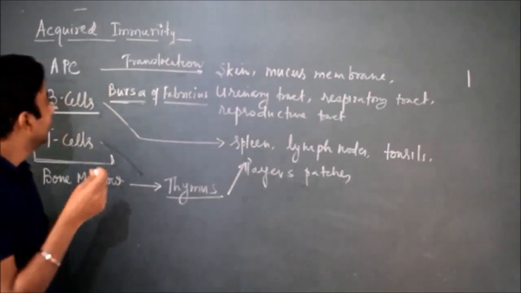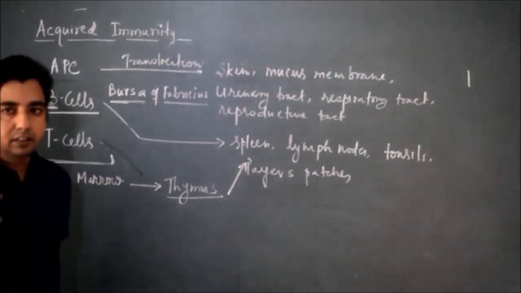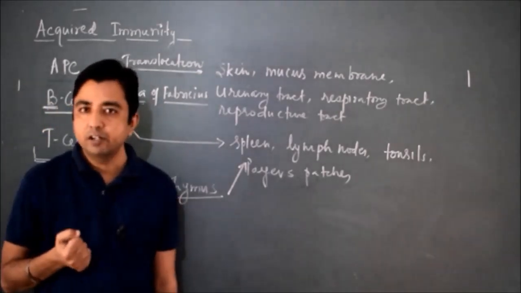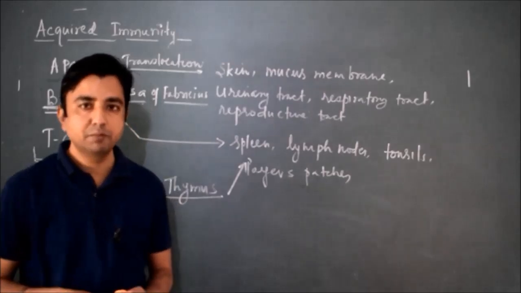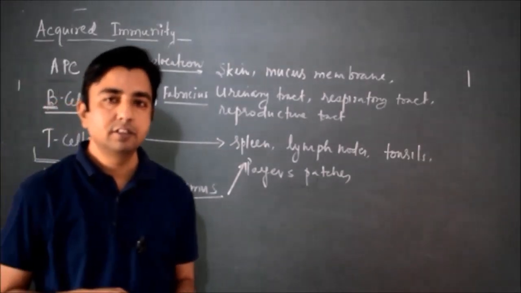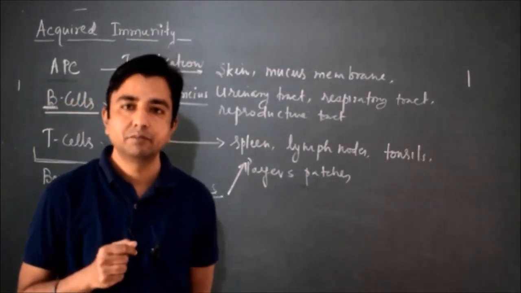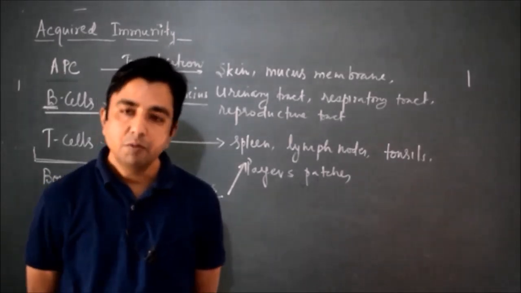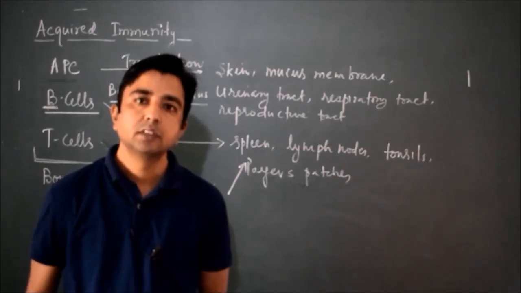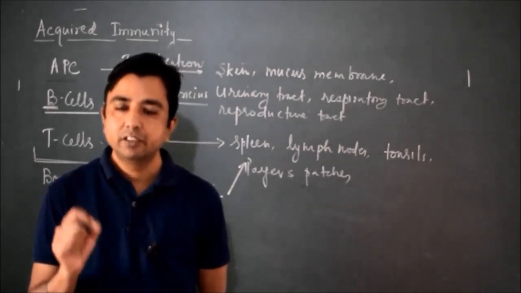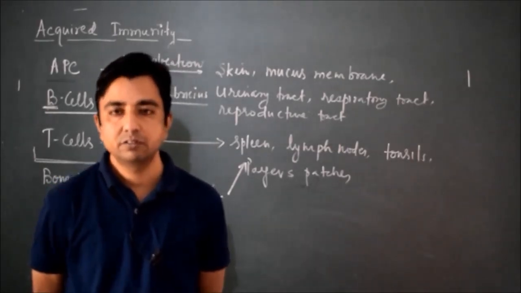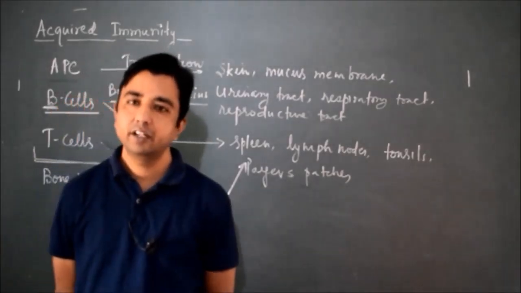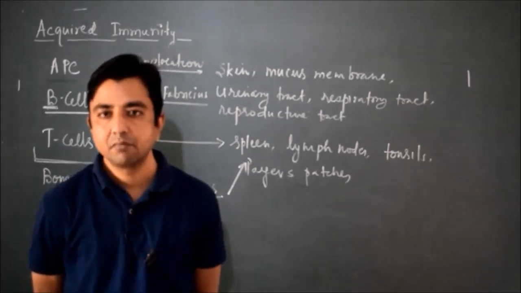Okay, so these are the three main types of cells which are involved in acquired immunity. Now there are two types of acquired immunity. First is humoral immunity and the second is cell-mediated immunity. Humoral immunity is associated with antibodies, and these antibodies are present in the body fluids.